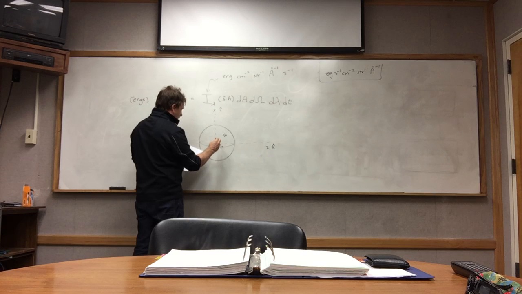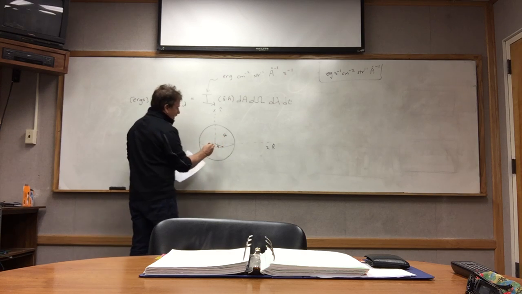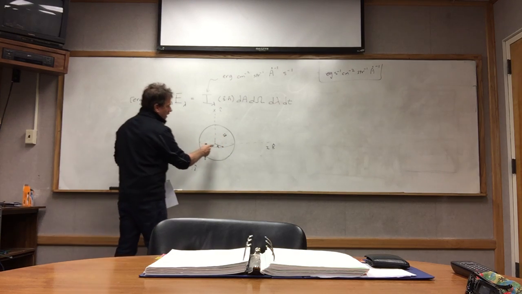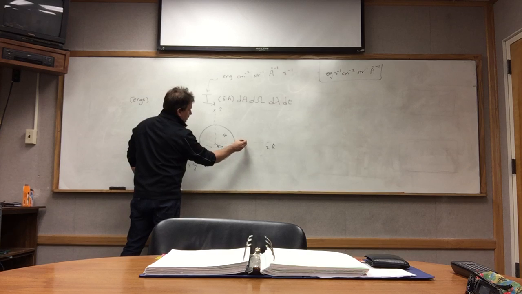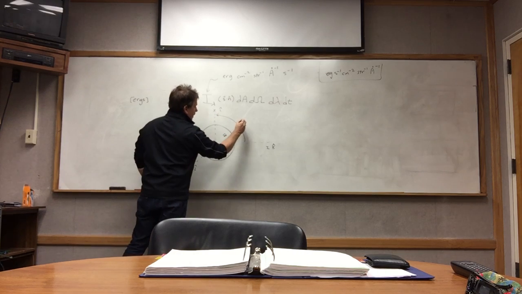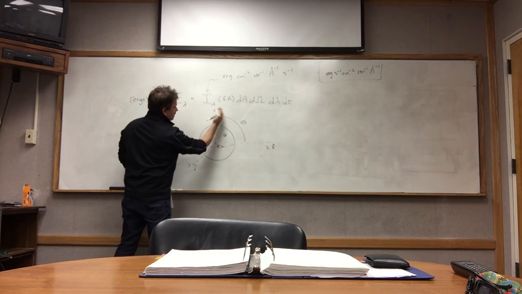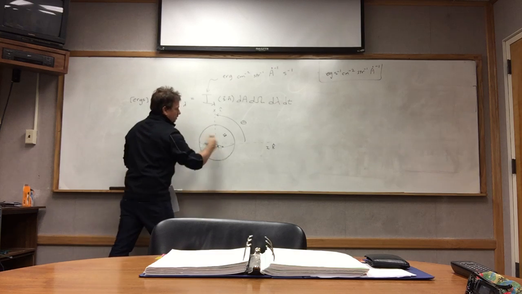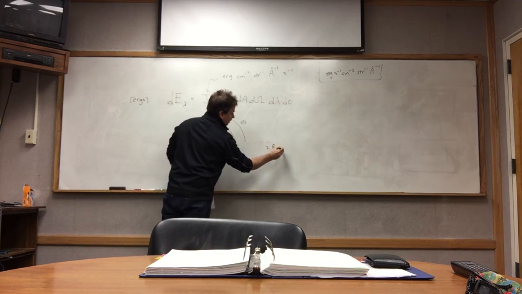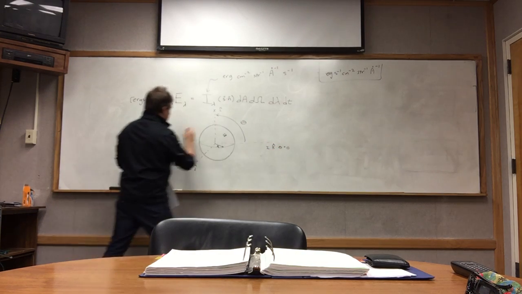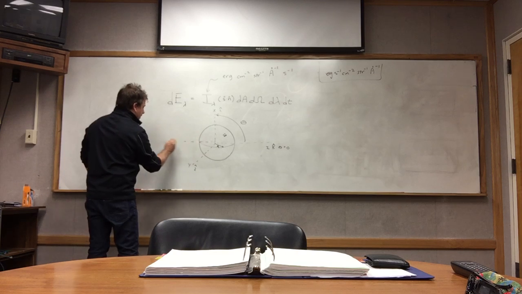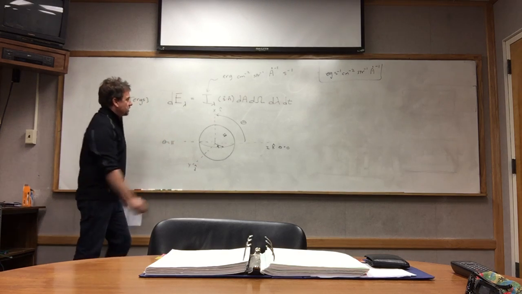Now, phi, theta goes this way because theta goes from the polar axis down that way. So this is theta equals 0. This is theta equals 180 degrees, or basically pi. This is pi over 2.